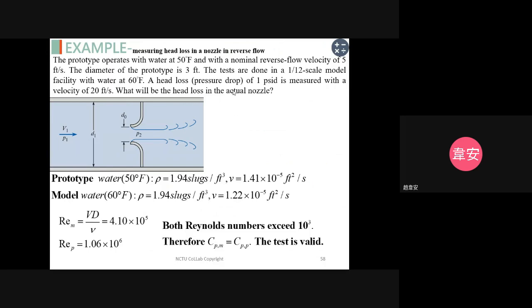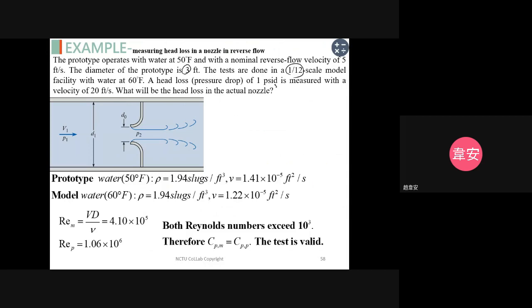So the slide showing here is another exercise. The prototype operates with water at 50 degrees F and with a nominal reverse flow velocity of 5 ft per second. The diameter of the prototype is 3 ft, and the tests are done in a 12 to 1 scale model facility with water at 60 degrees F. We know a head loss pressure drop of 1 psid.